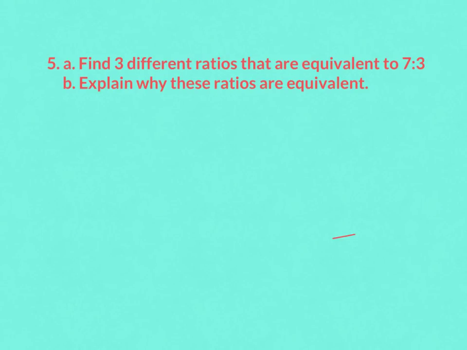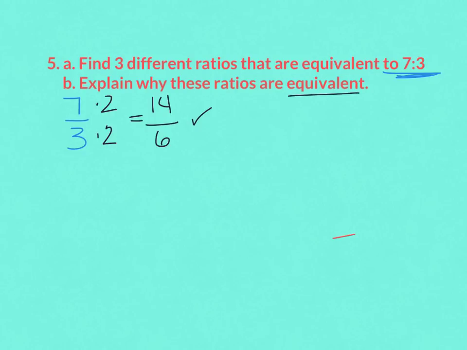So the last problem that we have to do is to write 3 ratios that are equivalent to 7:3. And the way that I would do that is to use the same constant of proportionality and multiply both top and bottom by the same exact number, any number I choose. So for instance, 7 times 2 is 14, 3 times 2 is 6, that's therefore equivalent.